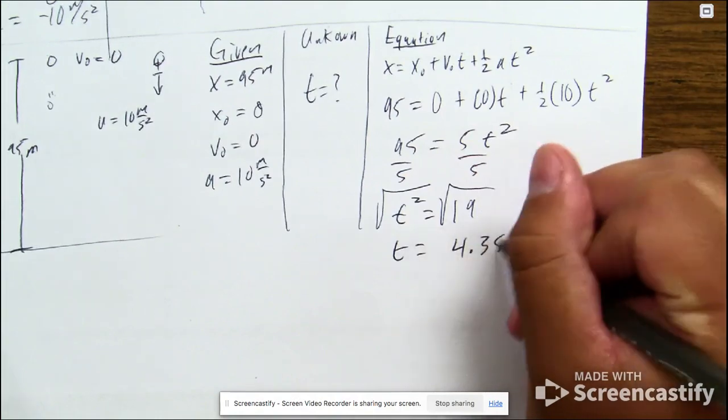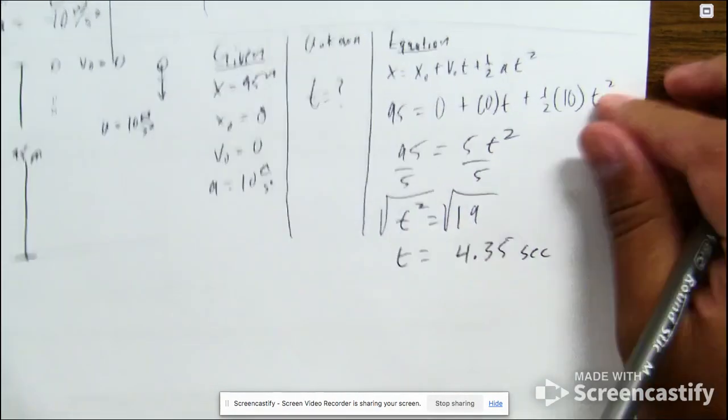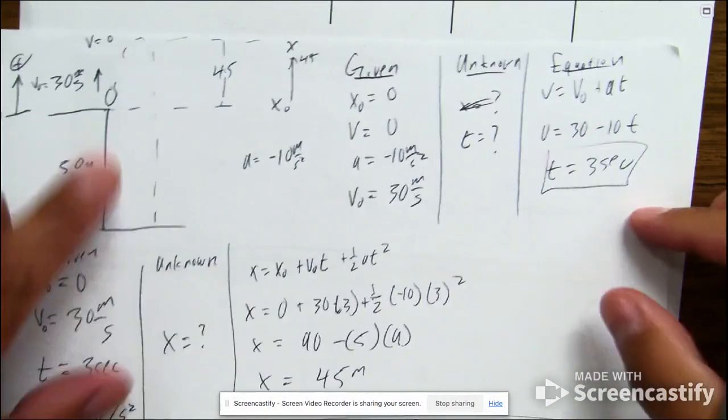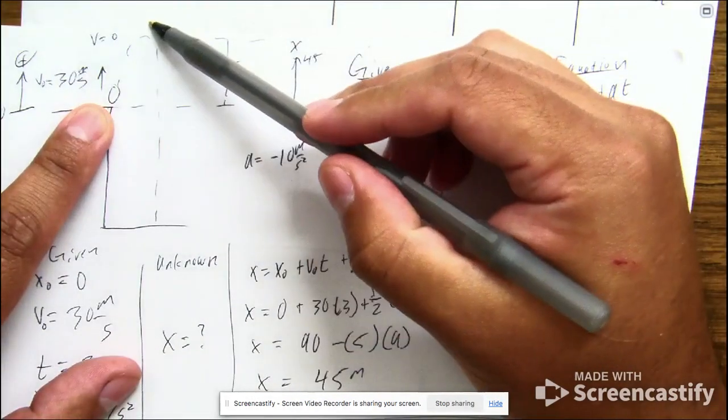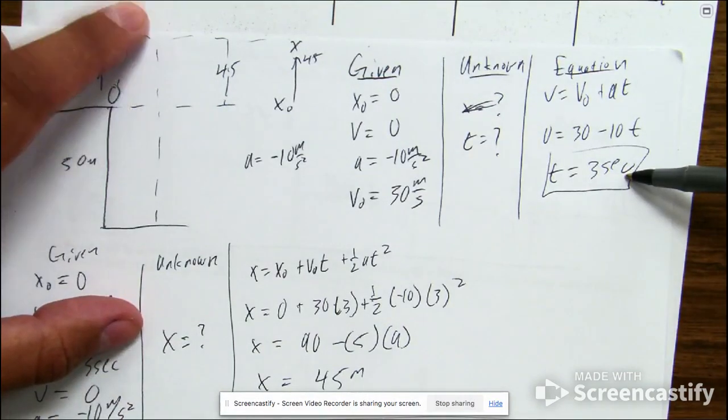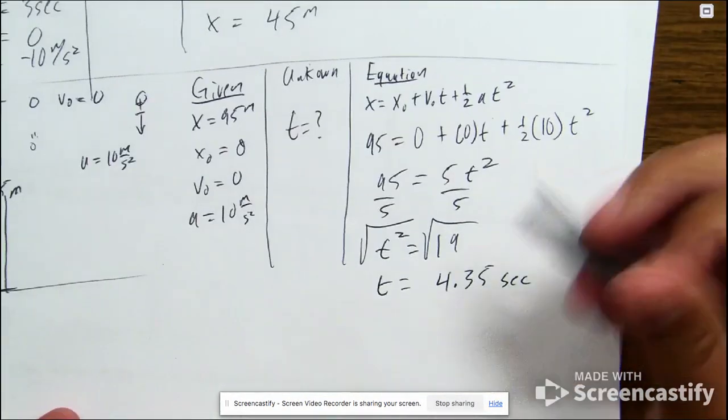So what does that mean? That means we found that the first part of this from here to here took 3 seconds. And from the top of the trajectory to the bottom took 4.35 seconds.